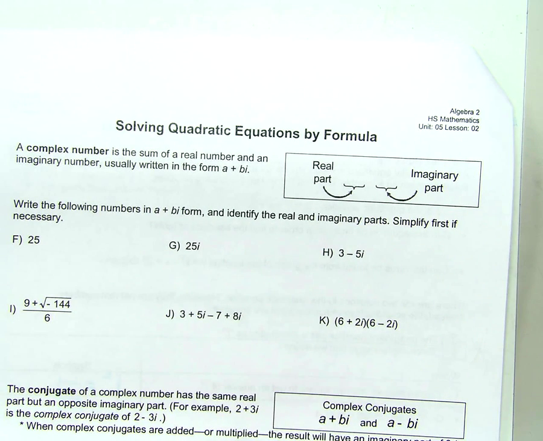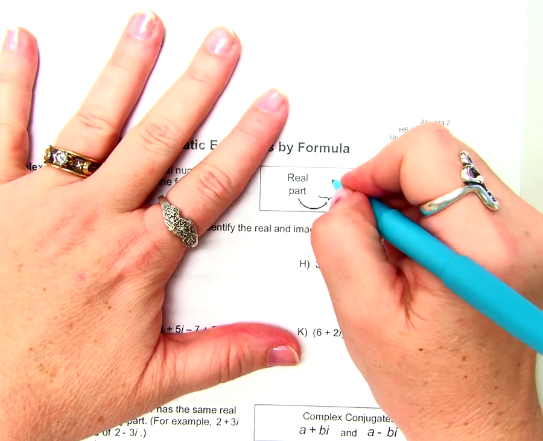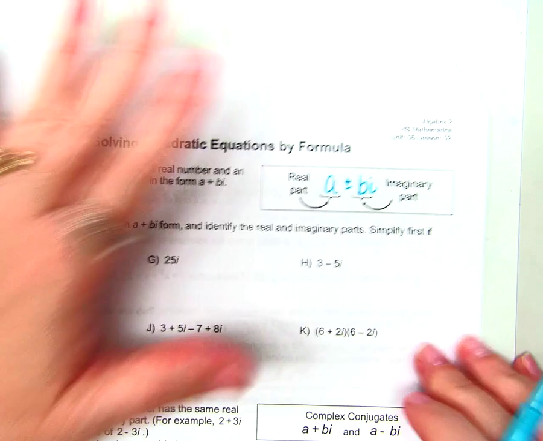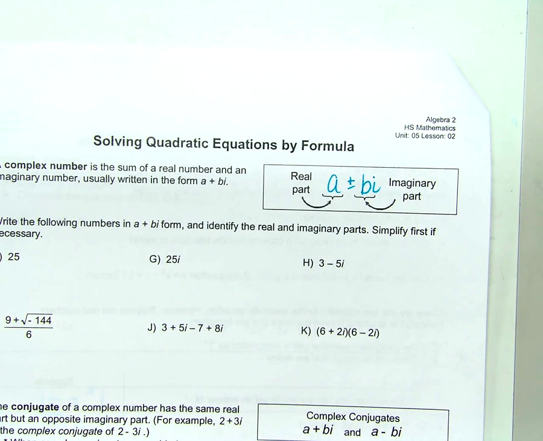I need to talk just a little bit more about complex numbers. A plus or minus bi. a is the real part, bi is the imaginary part.